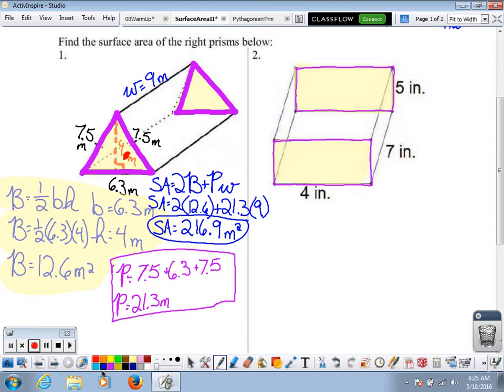So we know that we're going to use this formula where surface area is equal to 2 times the area of the base plus the perimeter of that base times the distance between those two bases.